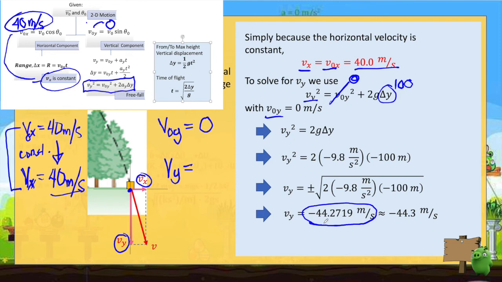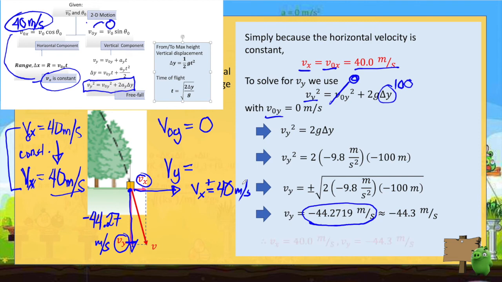Now, why did I choose a negative value, not a positive value? Because the graph is going down. Since it's going down, we expect that along the y-axis, it should be negative. And along the x-axis, this is the positive x-axis, so this should be a positive value. So, that is our final answer.